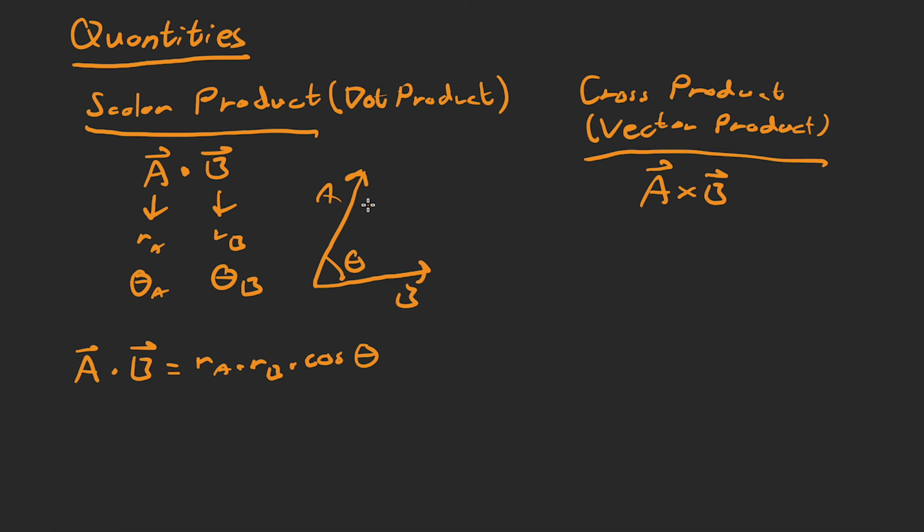When we're taking the scalar product of this, we're basically taking the projection of one of these vectors onto the other. By doing that, we're getting both of these vectors parallel to each other, so when we multiply them, it actually makes sense, right?